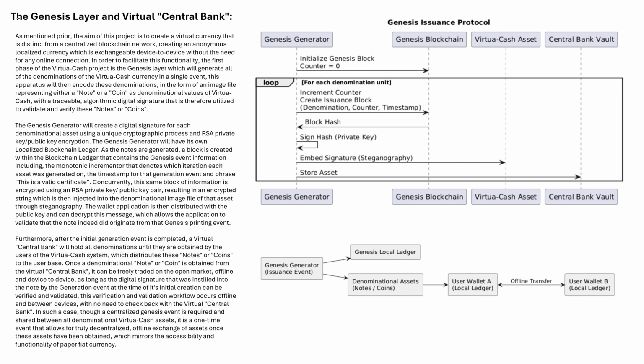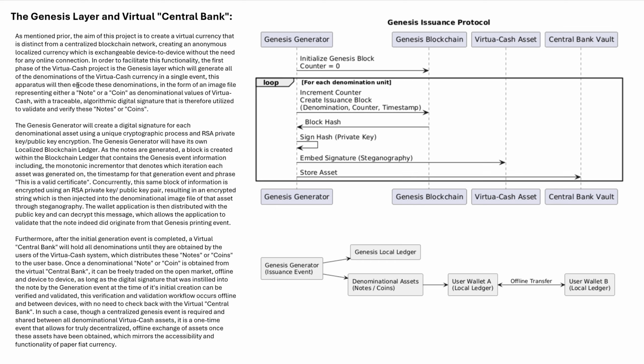So firstly, we're going to look more in depth at the Genesis layer, the virtual central bank. As I mentioned prior, the aim of this project is to create a virtual currency that is distinct from a centralized blockchain network, creating an anonymous, localized currency which is exchangeable device to device without the need for an online connection. In order to facilitate this functionality, the first phase of the Virtual Cash project is the Genesis layer, which will generate all the denominations of Virtual Cash currency in a single event.